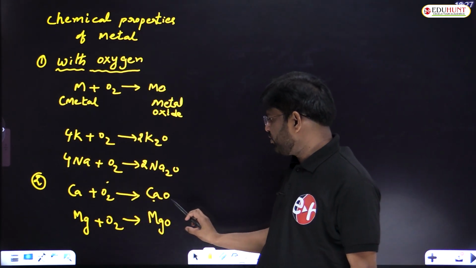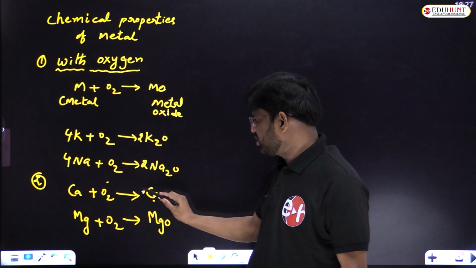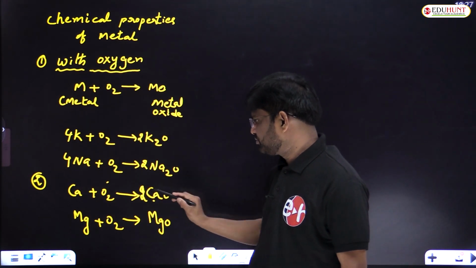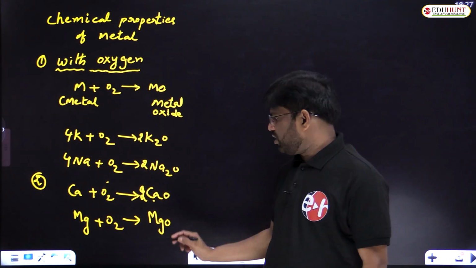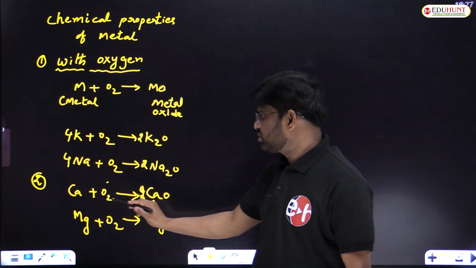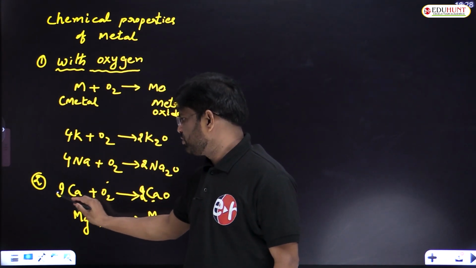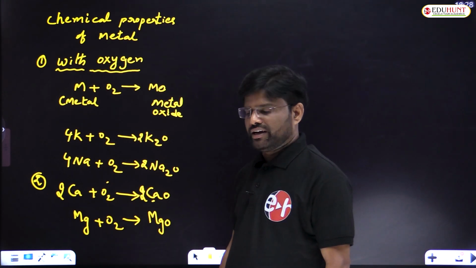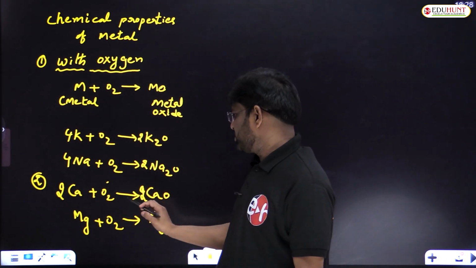Oxygen is 2 here, only 1 oxygen on the other side. So to balance this equation, you should give 2 here. 2 oxygens, here 2 oxygens, so balanced. 2 calciums, since 1 calcium here becomes 2. Now this is a balanced reaction.